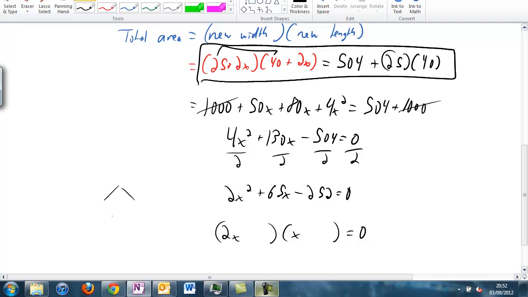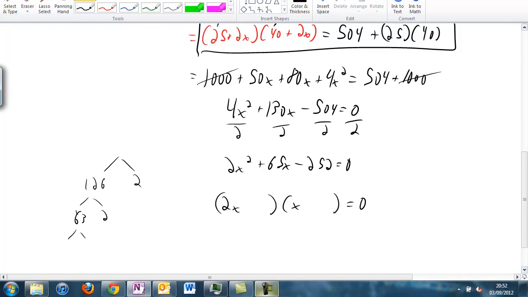Well, 252 can be 126 times 2, and 126 can factor further into, correction, 63 times 2, and 63 is made up of 7 and 9.